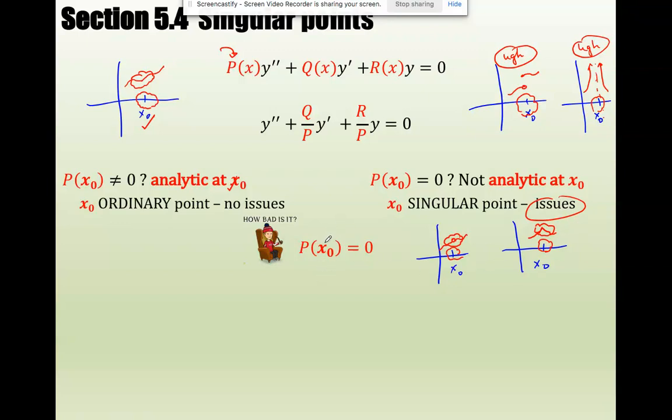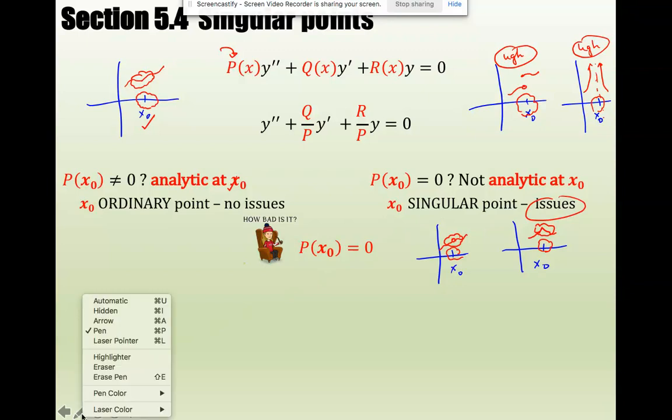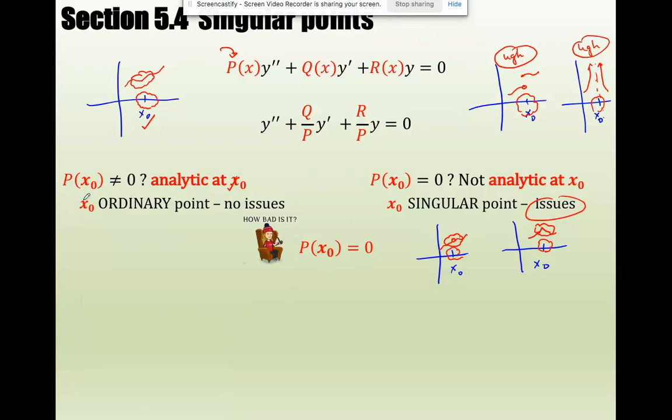If my singular point, right, so first I have to identify a singular point, right? Again, if I plug in and I don't get 0, x sub 0 is ordinary. But if I plug in x sub 0 and I get 0 into the leading coefficient function, how bad is my issue?